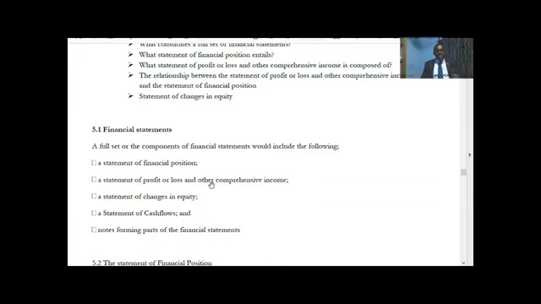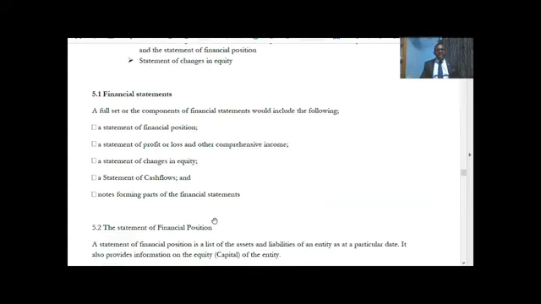We have the statement of changes in equity. Then we have the statement of cash flows. And finally, we have the notes forming part of the financial statements.